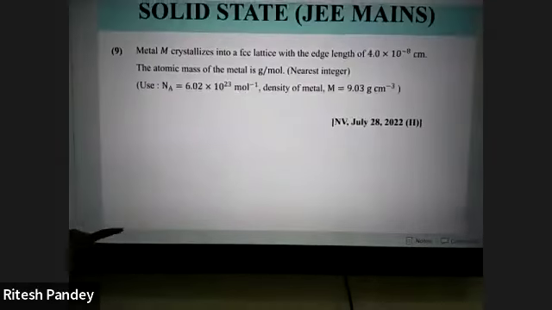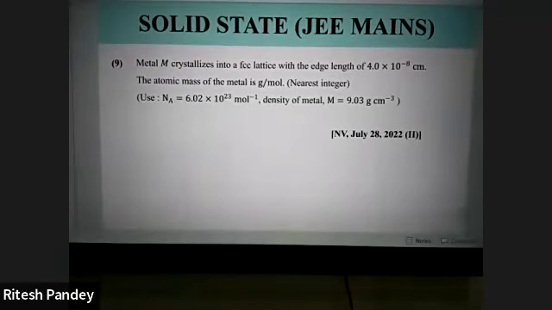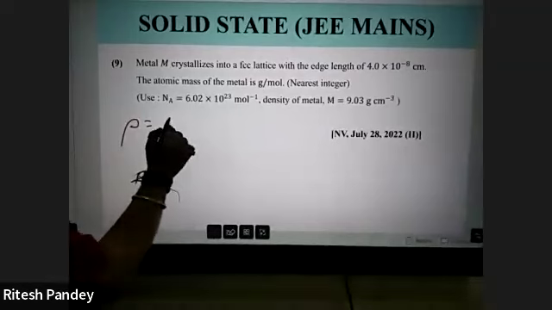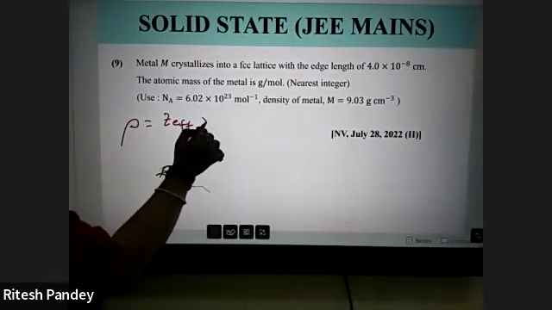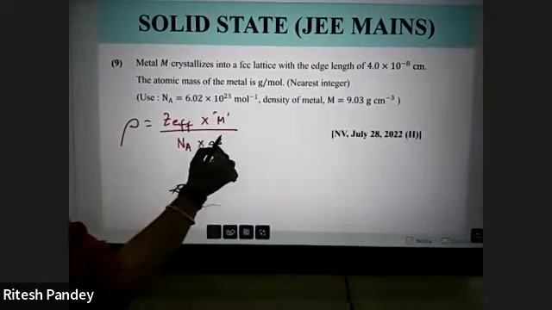Metal M, FCC, edge length, density, Avogadro number, need to find atomic mass. Here again, I have to do a bit of calculation. Rho is equal to Z effective into M upon Avogadro number and a cube.